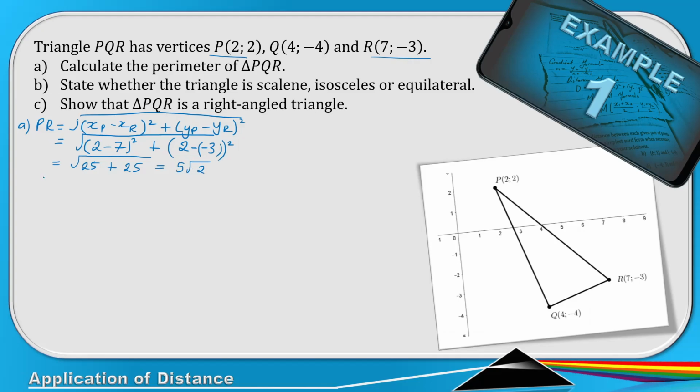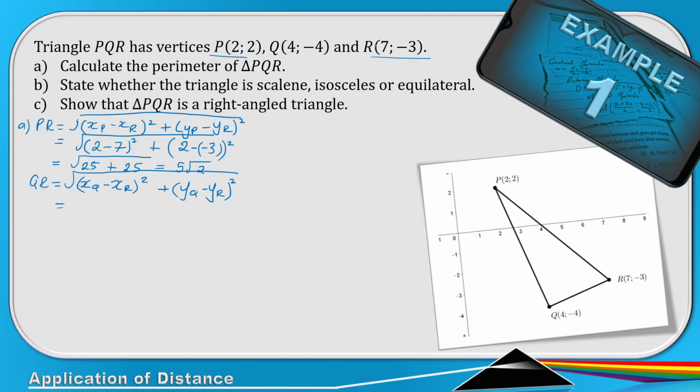Okay, now for the next one, we are going to calculate the distance from R to Q. So we can say QR, and then write the formula: x of Q minus x of R squared plus y of Q minus y of R squared, and take the square root. And then substitute in.